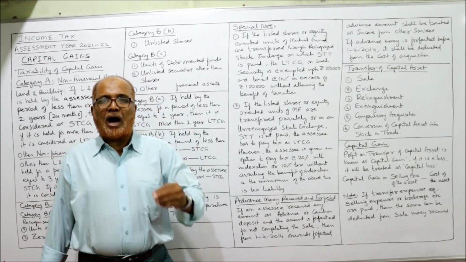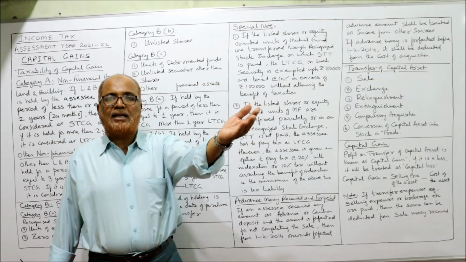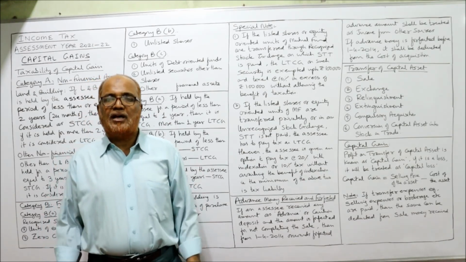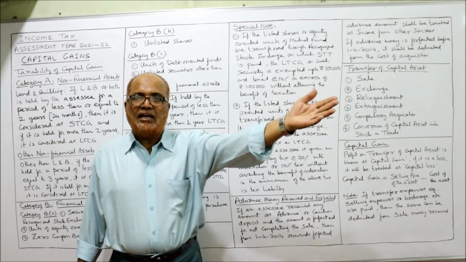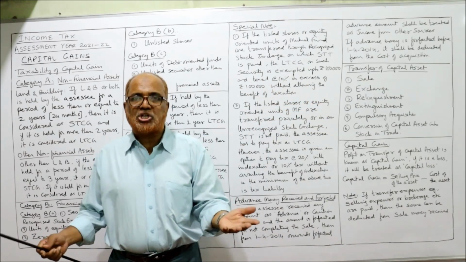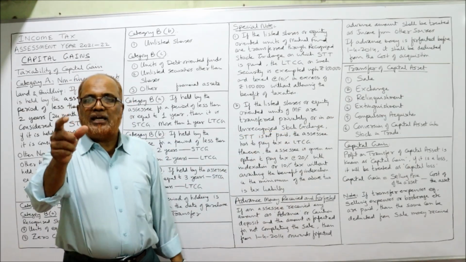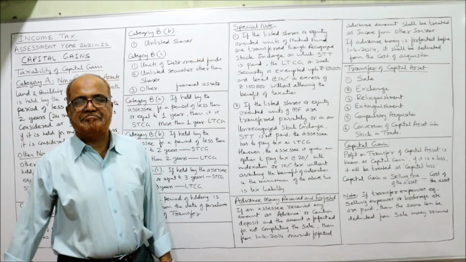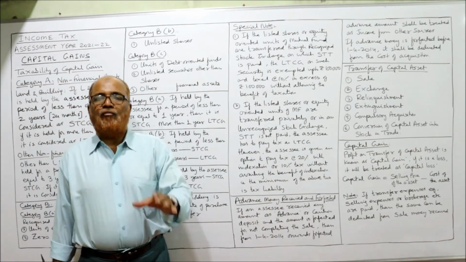I sold this property to a company. The company gave me 80 lakh rupees worth of shares. It's an exchange. No money. I have given the property and he has given the shares. Exchange. That will also be considered as transfer. So any gain arising from exchange is a capital gain. That's it.